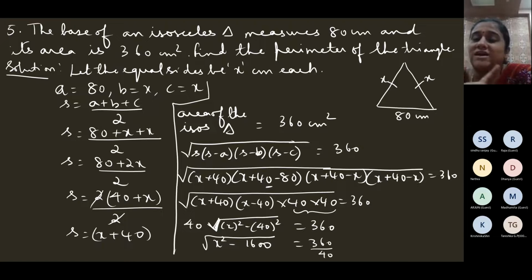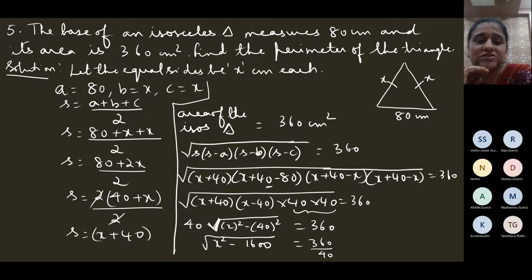Those two equal sides are not referred to as the base. That third side is referred to as the base. The equal sides are not called the base in an isosceles triangle.